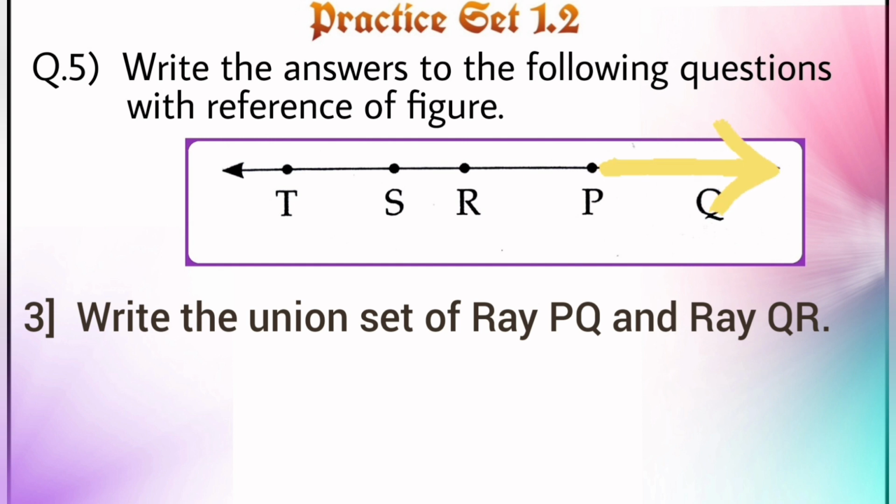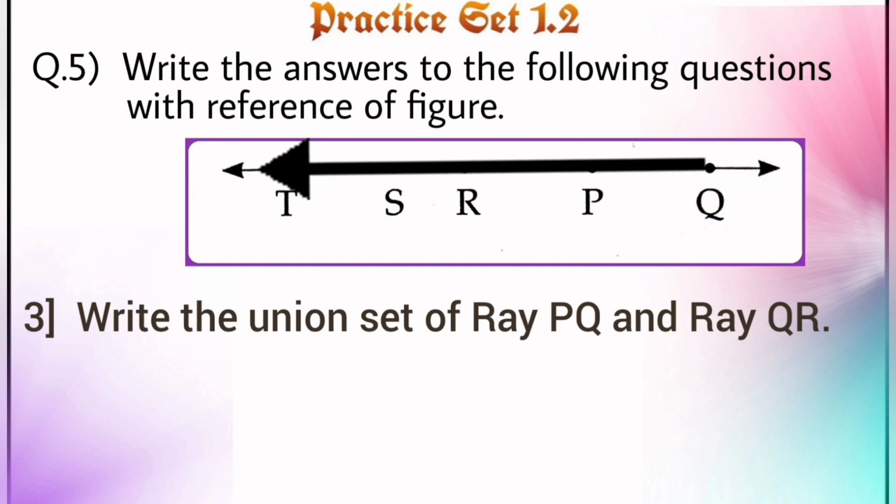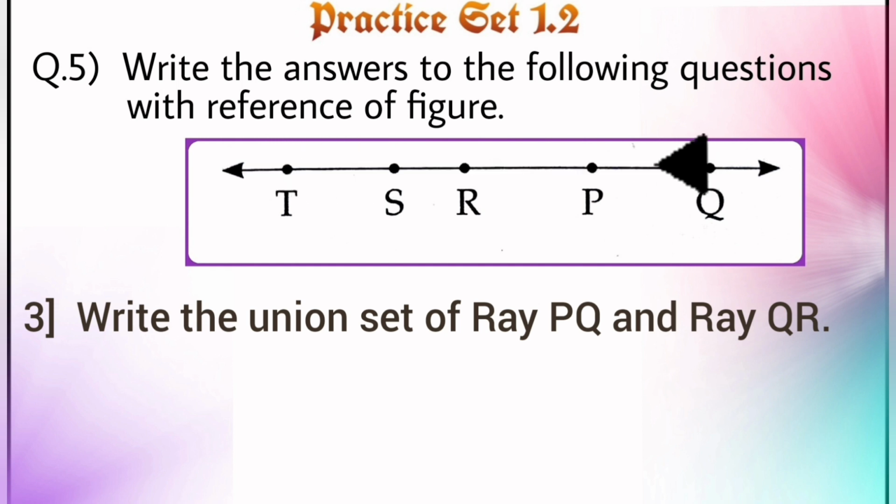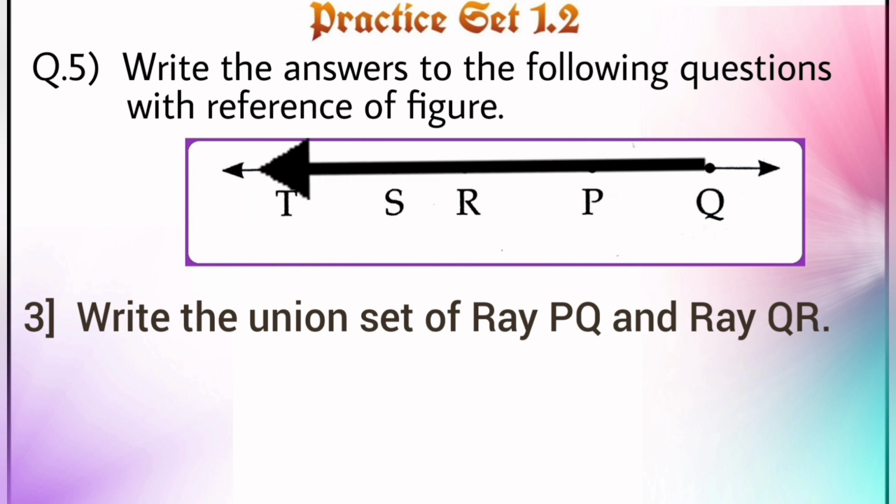Here you can see PQ has only two points, P and Q. In ray QR there are points Q and R, but Q is the endpoint, and after R there is an arrow, and between that arrow and R there are two points also, T and S.